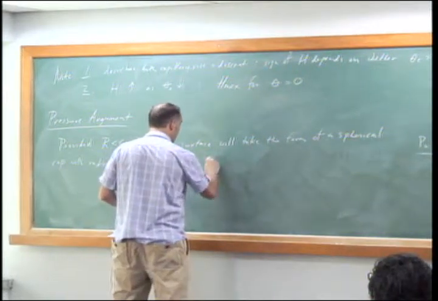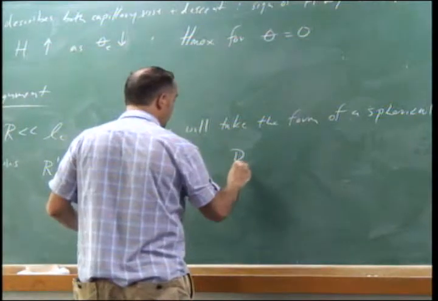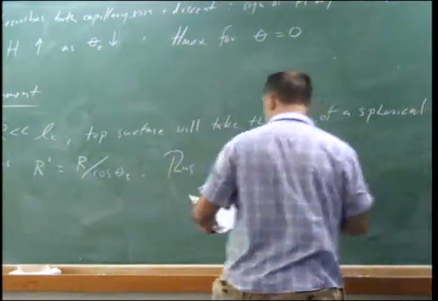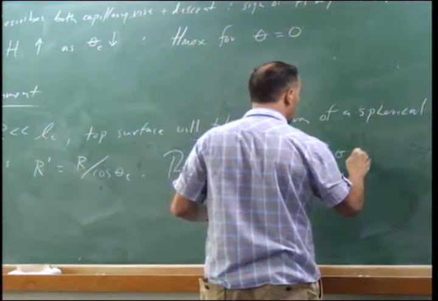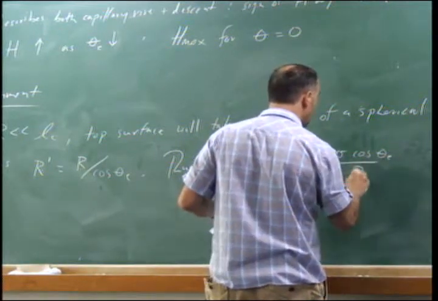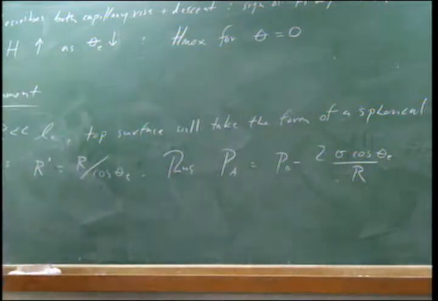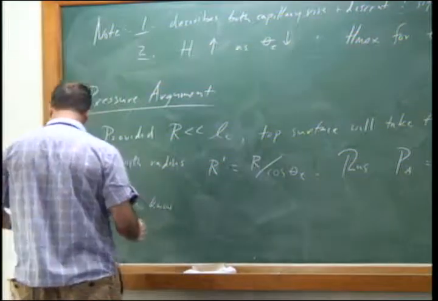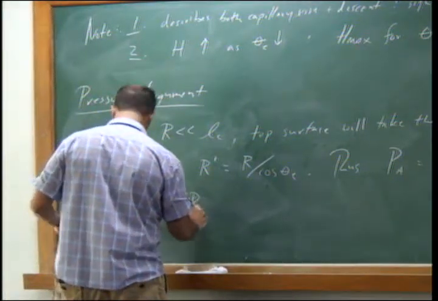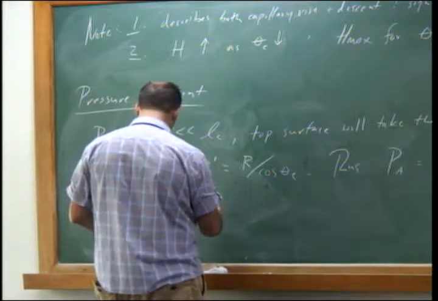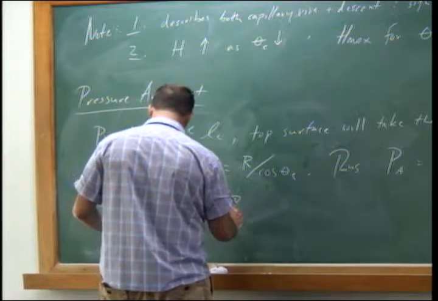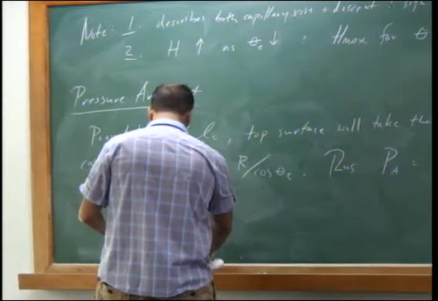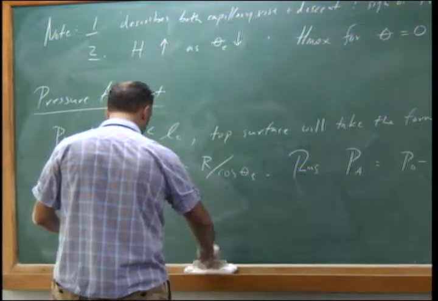Okay, P at A, so at this point here, is going to be atmospheric minus 2 sigma cos theta E over R. Okay, but we also know that P naught is equal to PB.